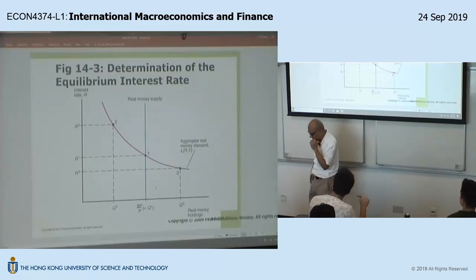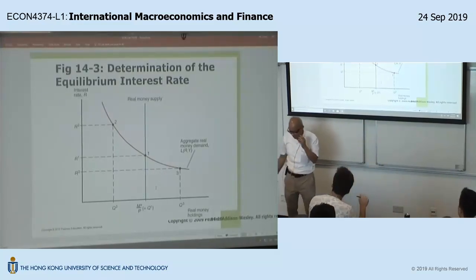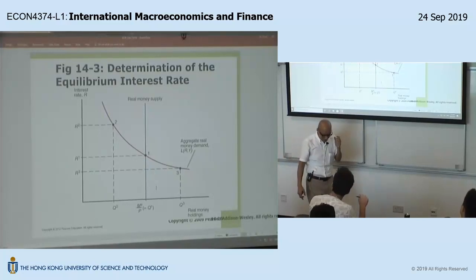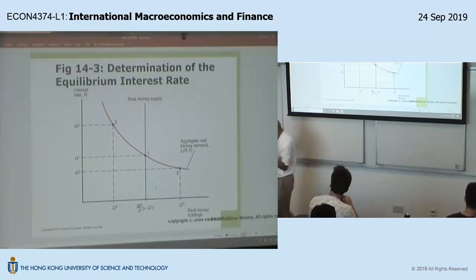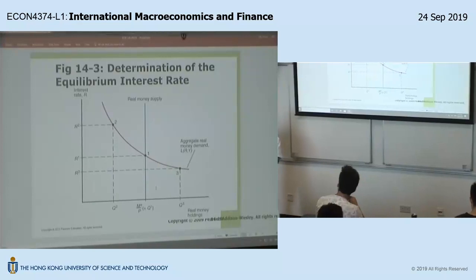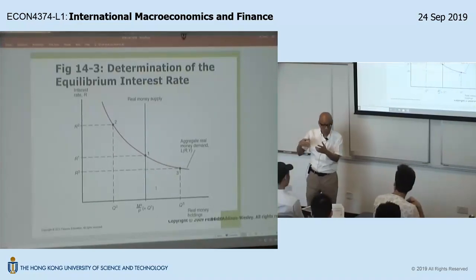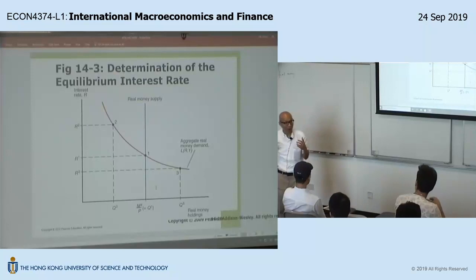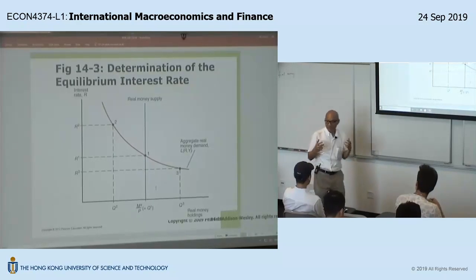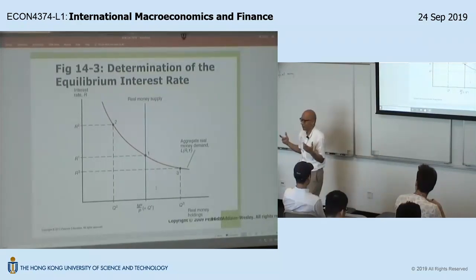So you're saying that there is some sort of lending and borrowing market where the interest rate will adjust. So what is that market? What market are we talking about here?